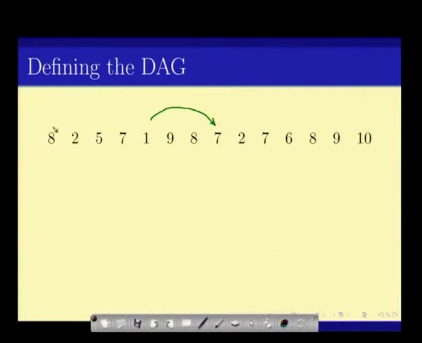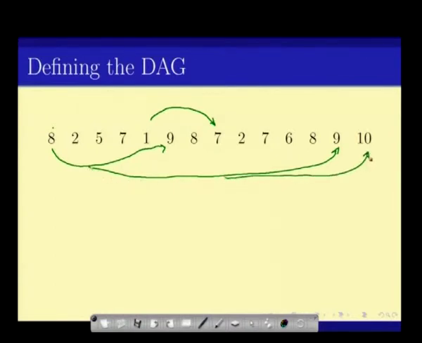From 8, I will draw an edge to 9, and I will also draw another edge to 10. I also have to draw an edge to 8. So, in other words, these are the numbers that are bigger than 8 and come after 8.